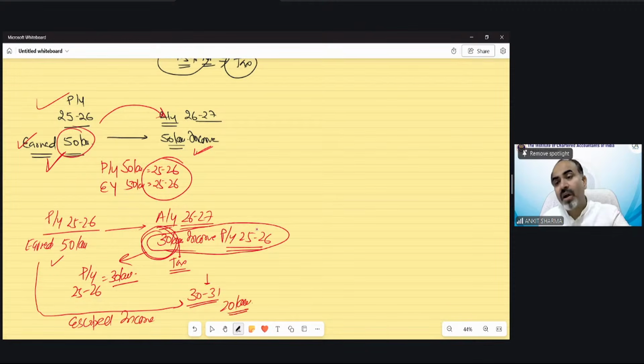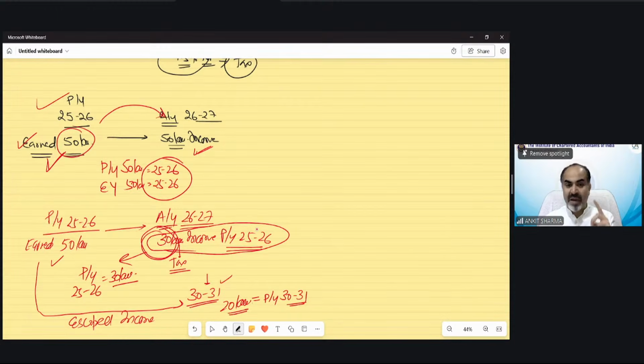They find this out from some information, some document, etc. Now what will happen? The previous year of this 20 lakh would be 30-31, because the year in which the department comes to know about your income is called the previous year.